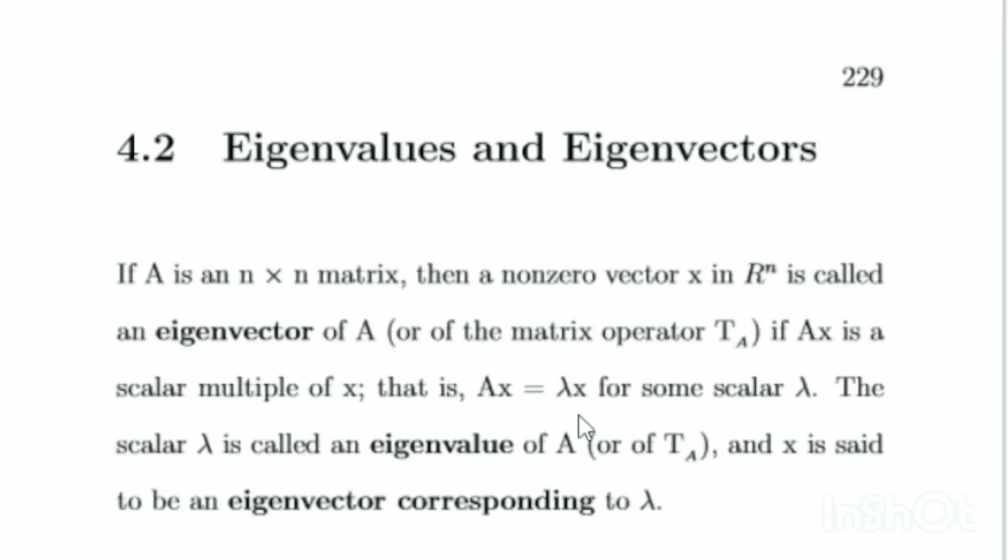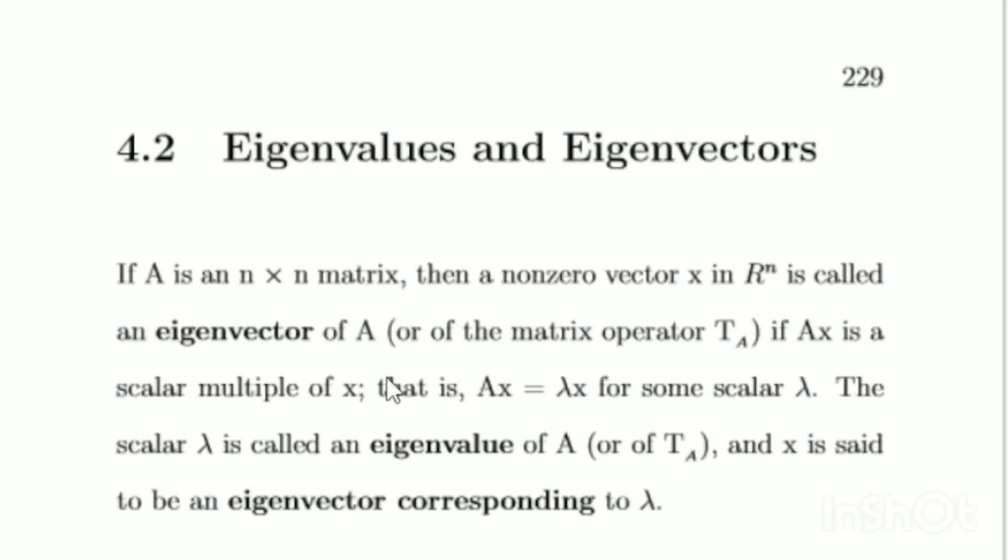Then we call this lambda an eigenvalue of the matrix A, and x is called the corresponding eigenvector. This eigenvector is the direction along which the linear transformation occurs.